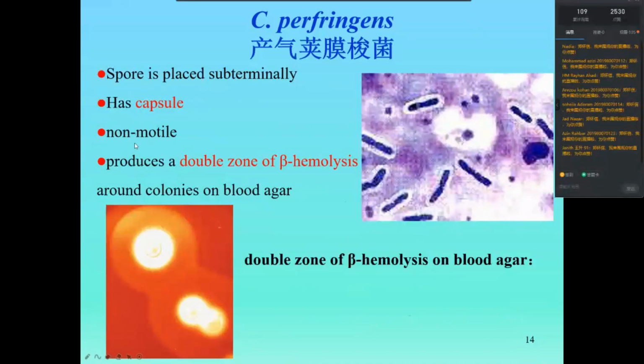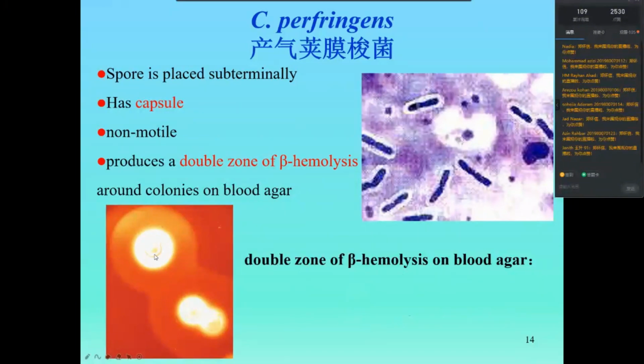They are not motile, meaning that they don't produce flagella, and they can produce a double zone of beta hemolysis. We learned beta hemolysis before. That means they can lyse red blood cells completely on the blood agar. But for this one, it's a special beta hemolysis. In the middle, there is one clear zone.